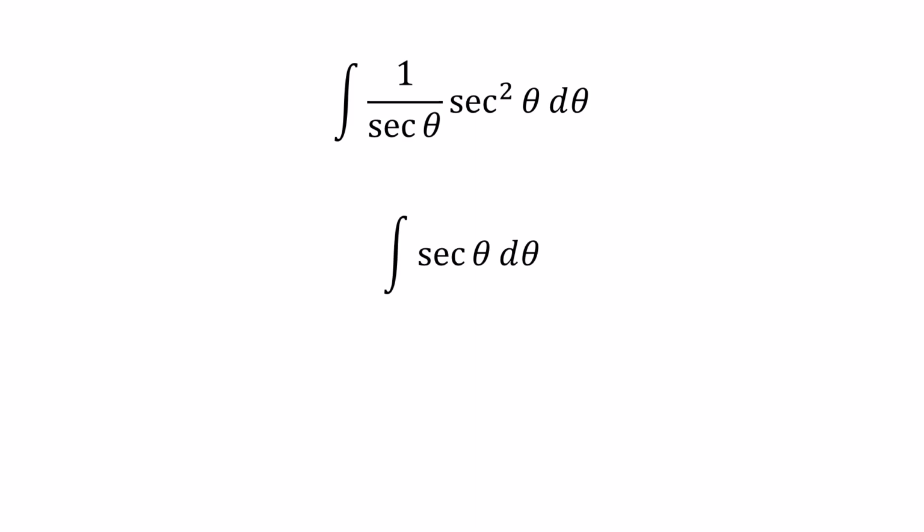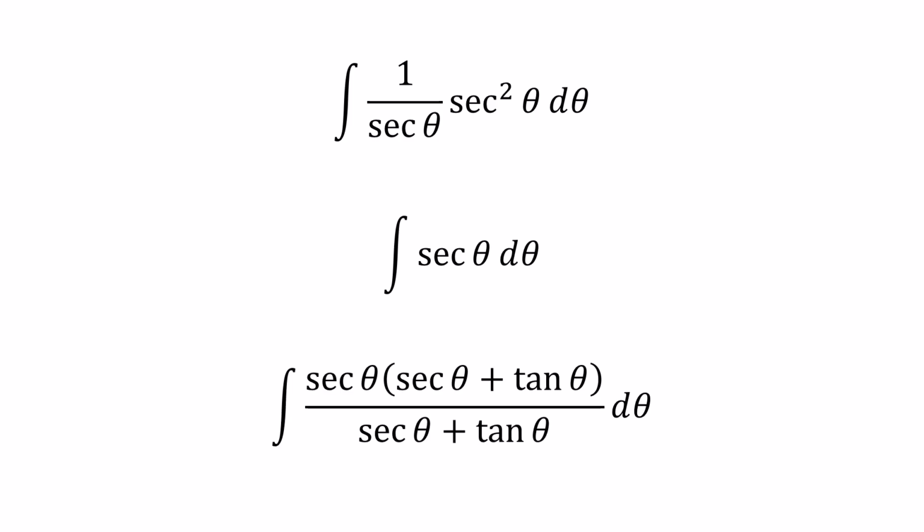the integral of secant of theta d theta. Multiplying the numerator and denominator by secant of theta plus tangent of theta, we obtain the integral of secant of theta times secant of theta plus tangent of theta, all over secant of theta plus tangent of theta d theta.